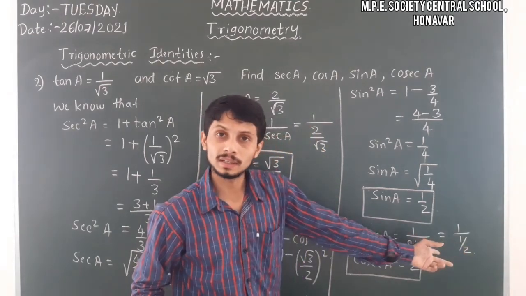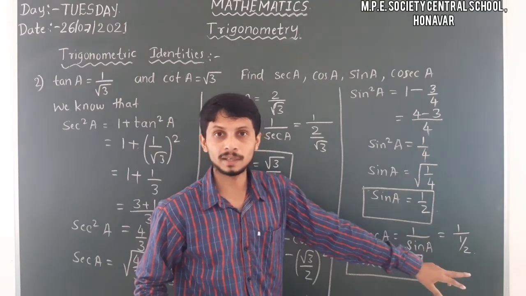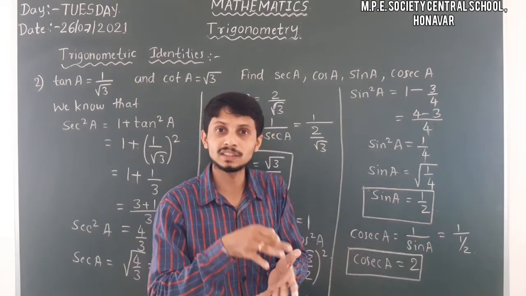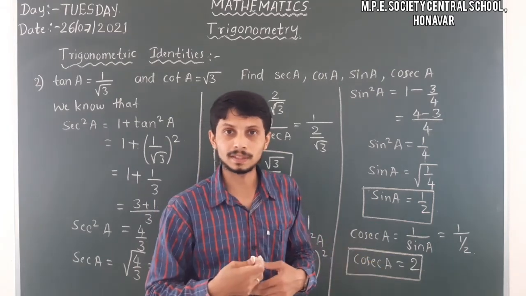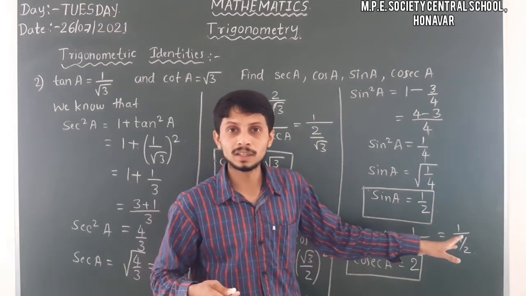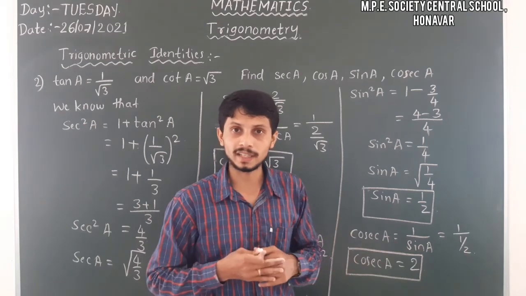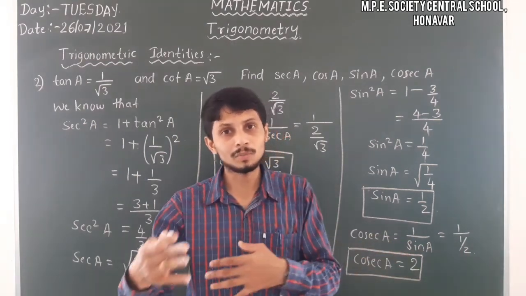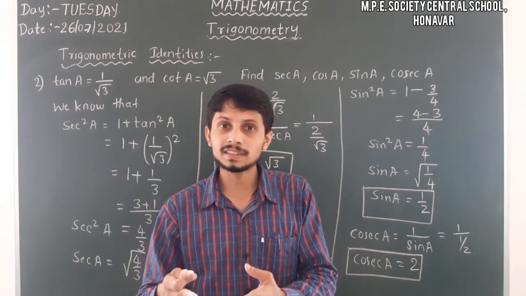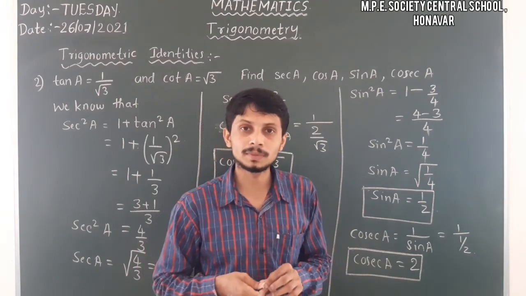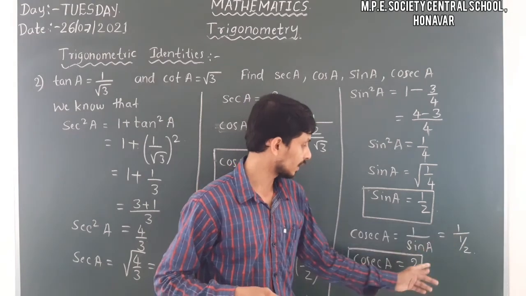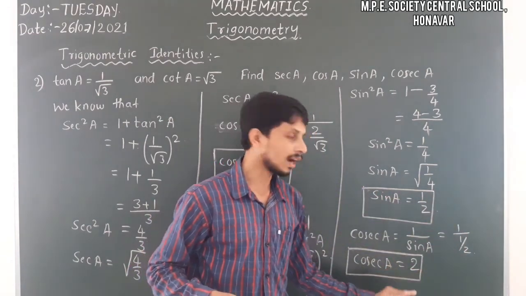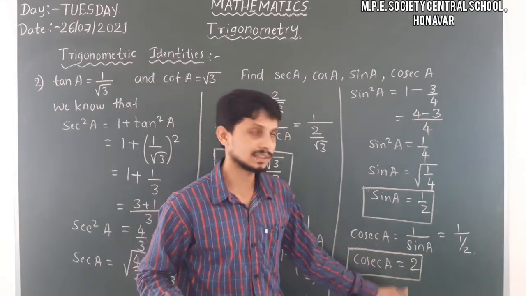That is the rule of division between two fractions: we change the division into multiplication by interchanging the numerator and the denominator of the second fraction. Then we get 2. Cosecant a is equal to 2.